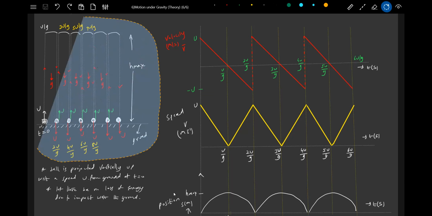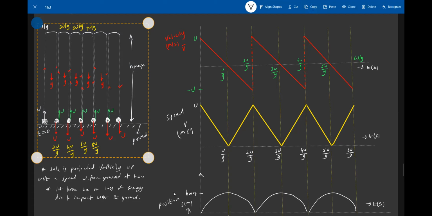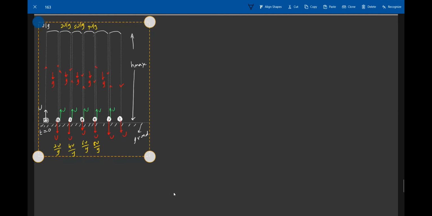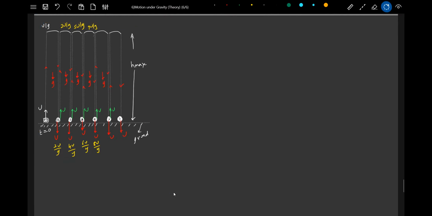I'll slightly modify this. Let me rewrite this data. The rest of everything will be the same.